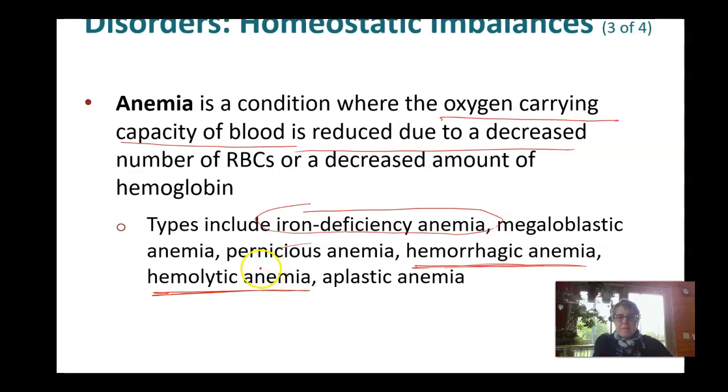Pernicious anemia is a vitamin B deficiency, so that goes towards making the hemoglobin molecule as well. Megaloblastic anemia. Oh, that one I'm not sure about. Let's pause for a second, and I'm going to get back to you and let you know what kind of anemia that is.